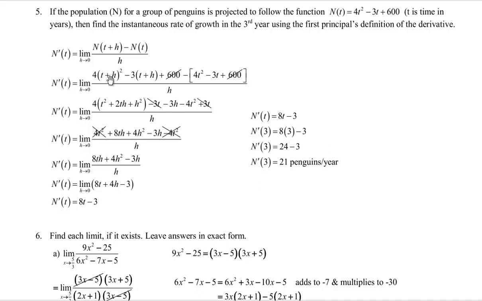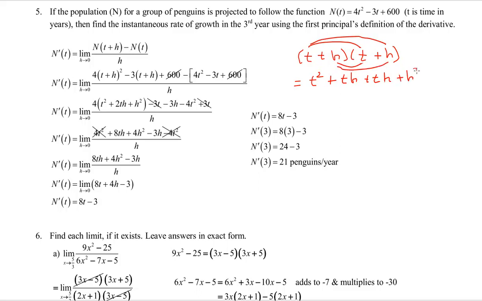So I want to square the t plus h. Now there's a shortcut for this, but I'm going to just do this the long way if you don't know the shortcut. t plus h squared means 2 of these multiplied together. So t times t is t squared. So this is next, so plus a th. And then these multiply to a second th. And then h times h is h squared.